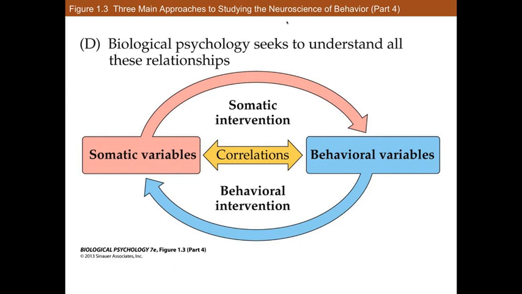So biological psychology seeks to understand all these different types of relationships. So what happens when we intervene by an experiment where we affect the physical body or the brain, or what happens when we try to change the brain by changing behavior, and how are two different variables correlated, and can we learn anything from that and design studies to check whether or not these correlations are in fact causations.